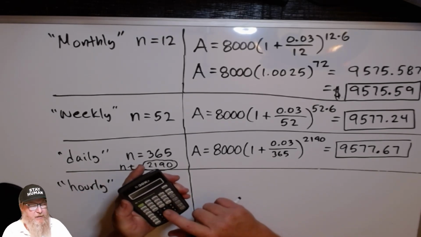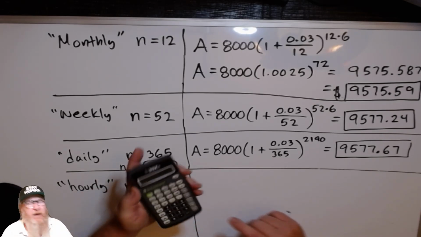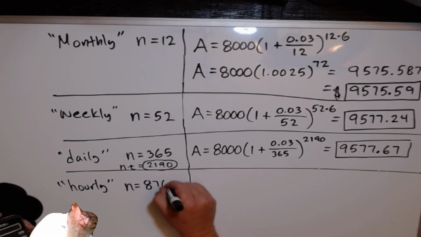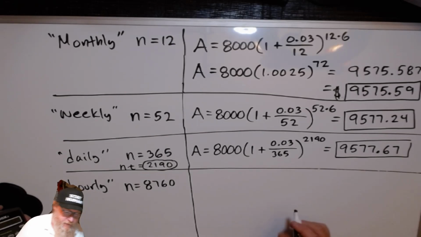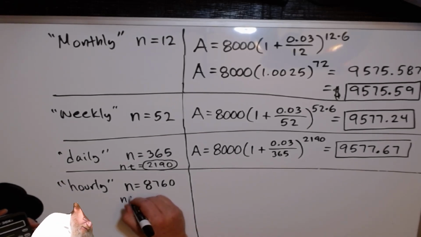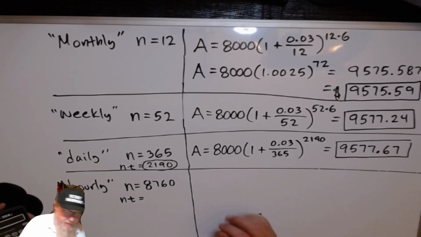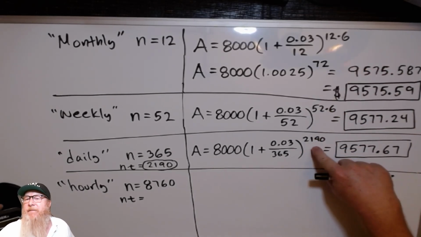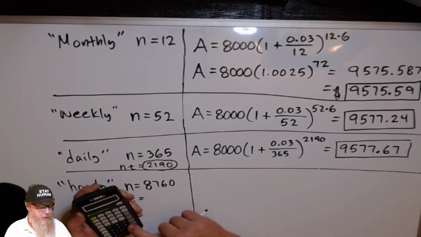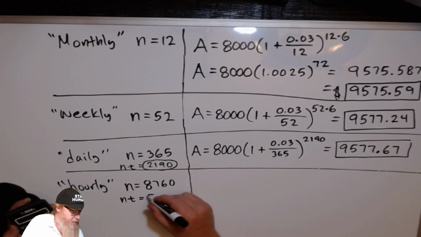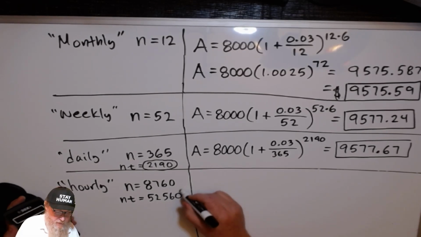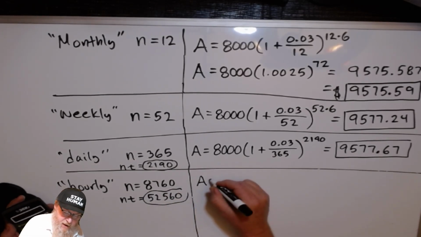So 365 times 24, there are 8,760 hours in a year. All right, and then I'm also going to go ahead and do my NT, because I know that my T is 6 in all of these, and I like to have that power ready to go. So let's multiply that by 6 now. 52,560. That's going to be my power here.